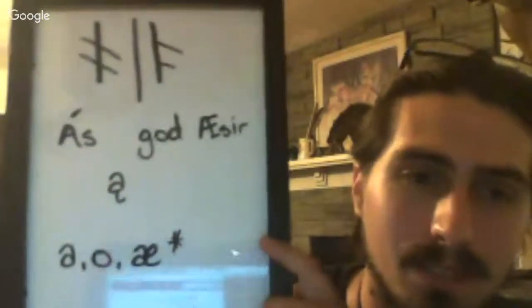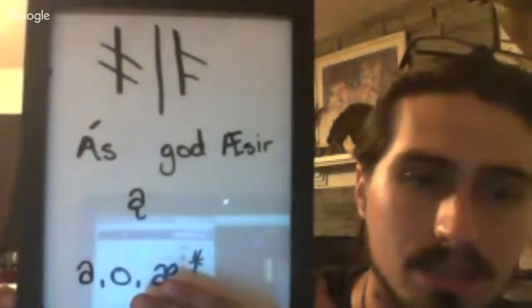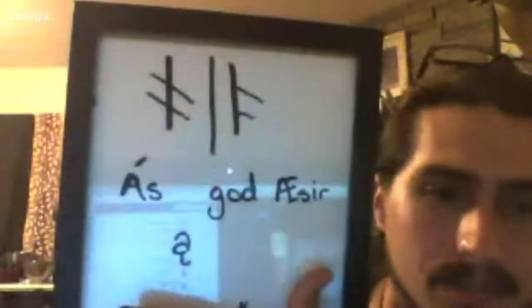Now, for context as to what this means in realization, don't look at the bottom yet. I'm going to hide that from the camera.